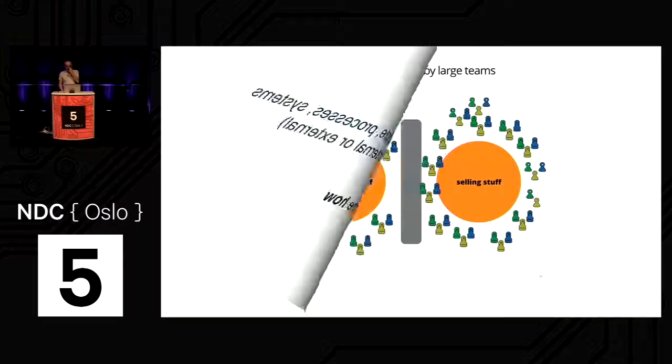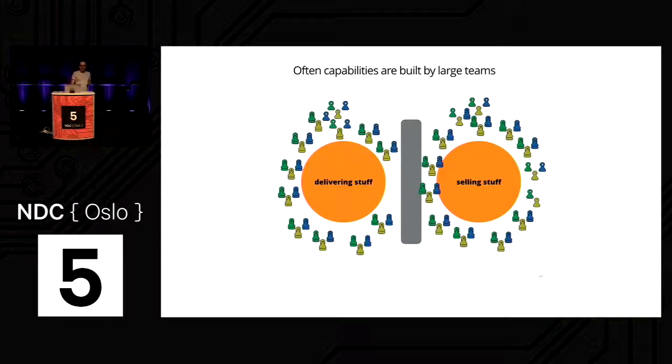What I see quite a lot is that capabilities are built by large teams. Even if you go down this route, this is an example from another one of our clients, and they got the idea that we should organize around capabilities, but they got it subtly wrong. They had teams in India and a team in London. The team in India was going to be building one capability, in this case, selling stuff on the internet. And in London, we're going to build the delivering stuff capability so we can actually ship the things that we're selling, which is fine.